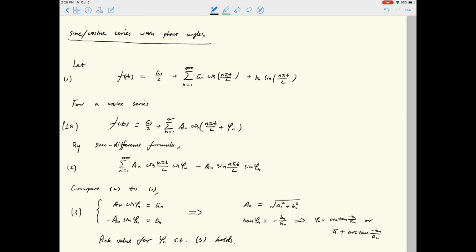Now, next let's see how you can derive a sine series. So we go ahead and write it in the form of a sine series.